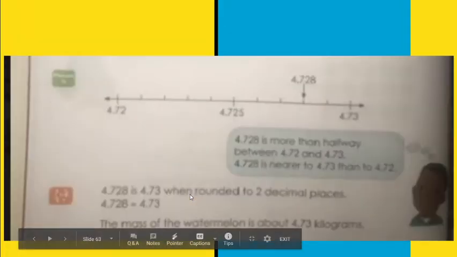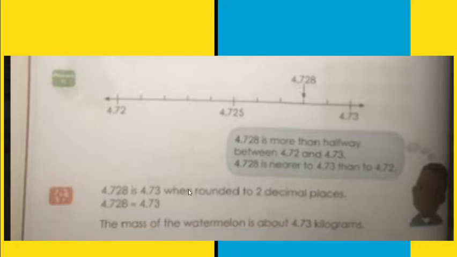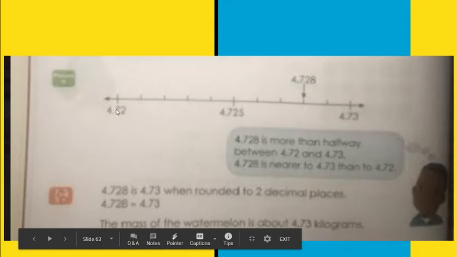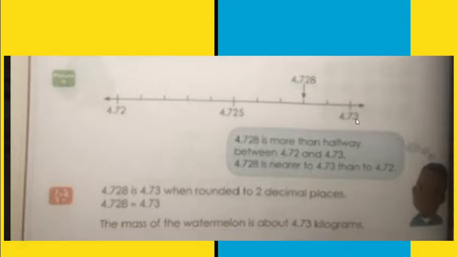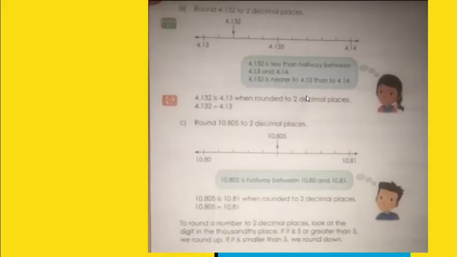We can also represent decimals on a number line. Now, I know you can't see this picture very well, but you can pretty much understand that 4 and 72 hundredths and 4 and 73 hundredths are two different numbers, right? And we can represent that number in the middle by using thousandths. In other words, smaller portions of a number.